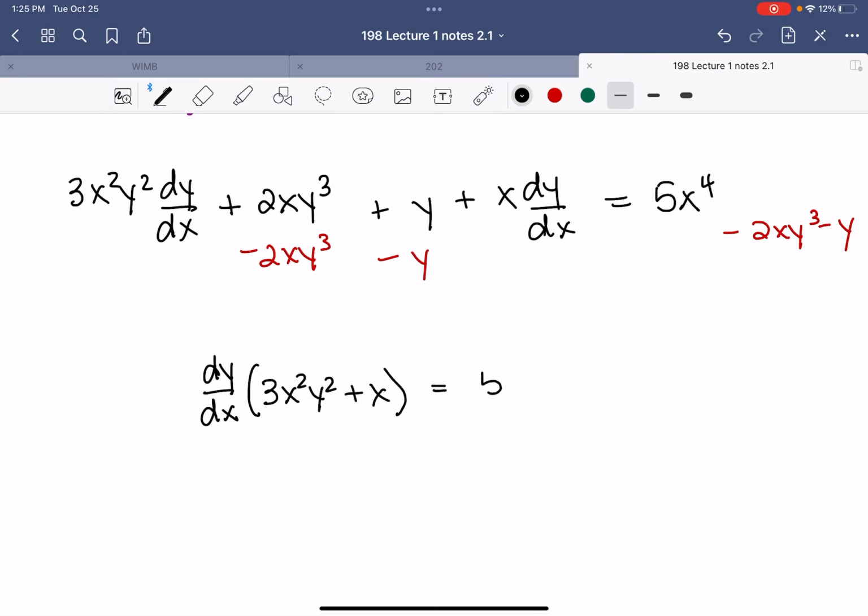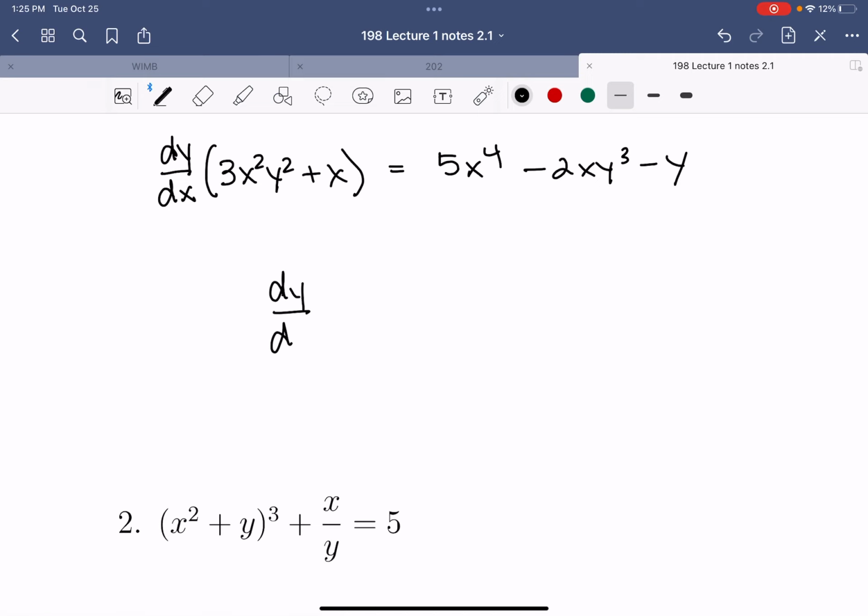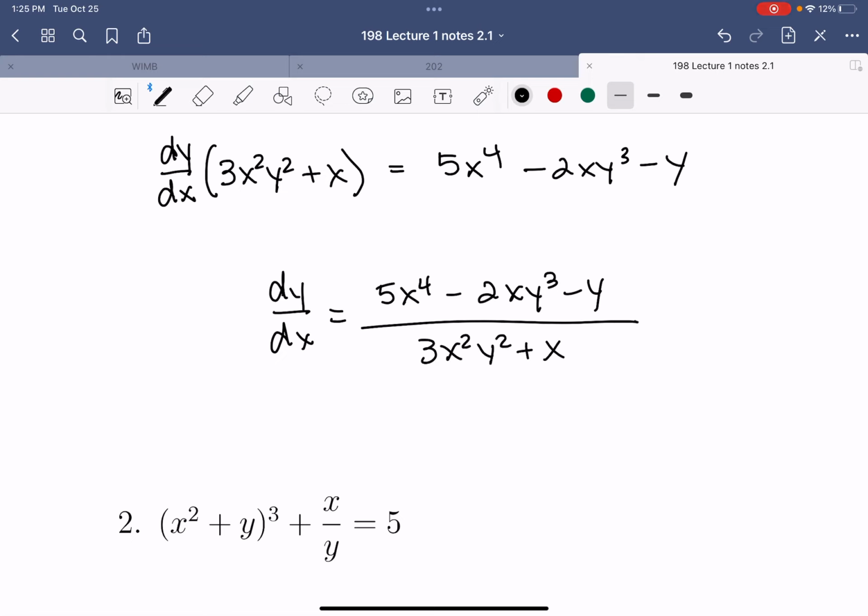And that's equal to 5x to the 4th minus 2xy cubed minus y. And then I just want to divide, so that gives me dy over dx equals 5x to the 4th minus 2xy cubed minus y all over 3x squared y squared plus x. And that's my final answer.